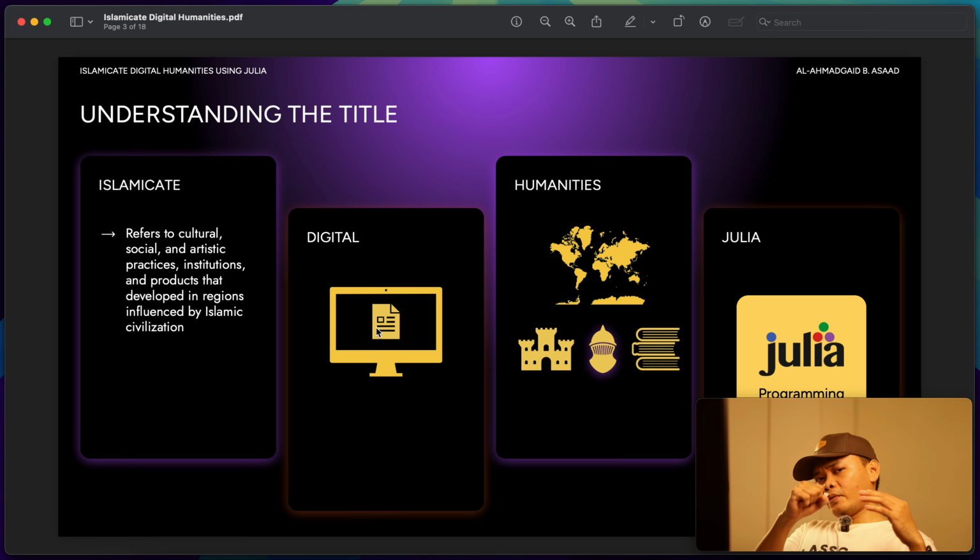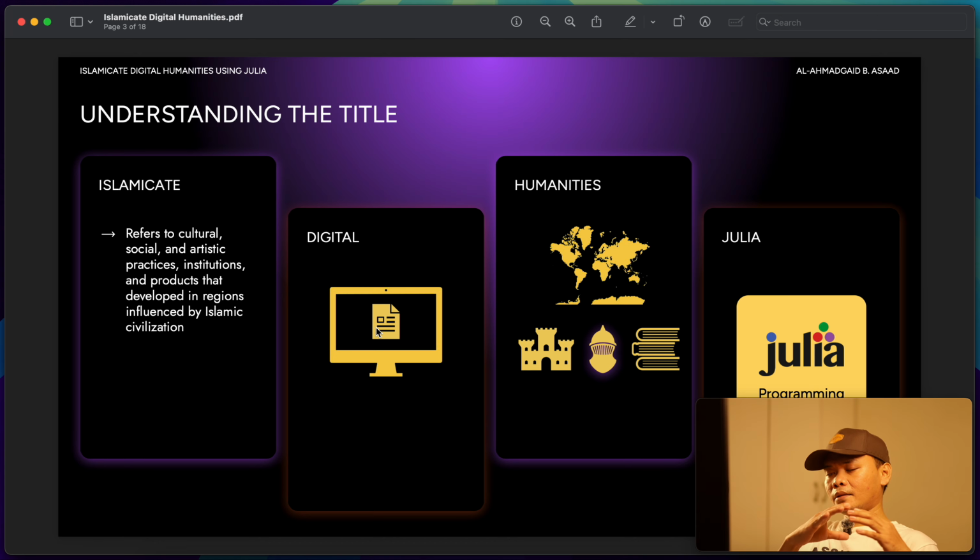You can think of it like, if this is the Islamic field, then we have here Islamicate, which covers Islamic and also other topics that are not inherently Islamic but were influenced by Islamic civilizations, right? So combining digital humanities with Islamicate would simply mean that instead of studying all of digital humanities, which covers not only Islamicate texts but also, say, other English texts, other Filipino texts, we now limit our scope to Islamicate digital humanities only.